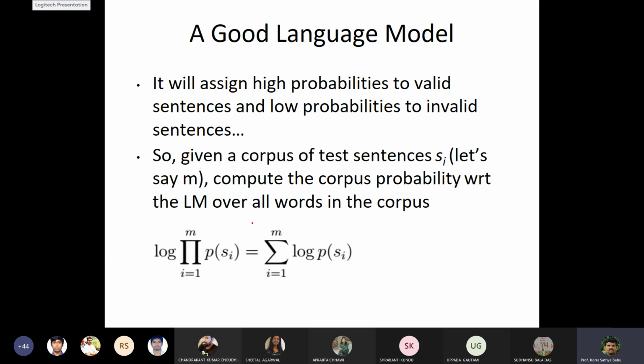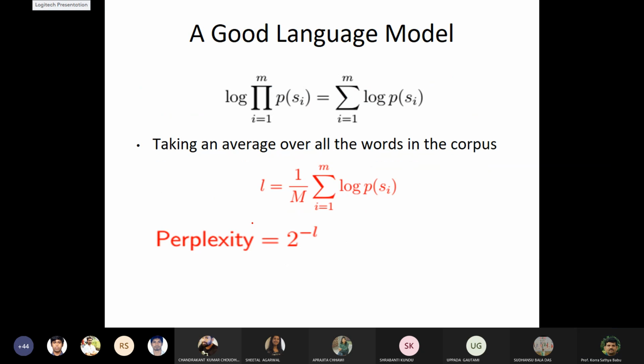It is given as the log of the product of i equal to 1 to m of the probability of those sentences, or it can be given as the summation of i equal to 1 to m of log p of Si, right? Now, how do we evaluate a good language model?